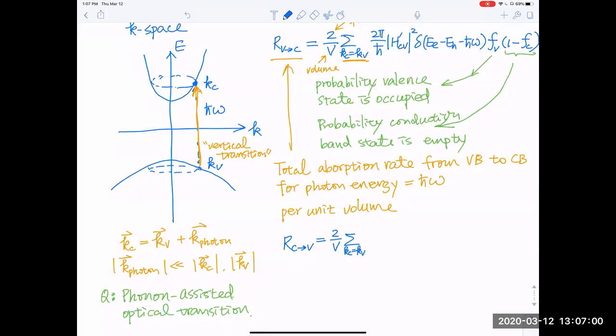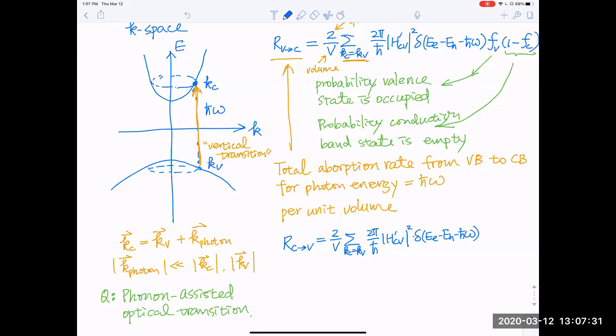So this is a single summation rather than a double summation. And we have 2 pi over h bar, and the same matrix element as we learned from earlier perturbation theory, Fermi's golden rule. The downward transition and upward transition have the same matrix element. Same energy conservation here, E_e minus E_h minus h bar omega.